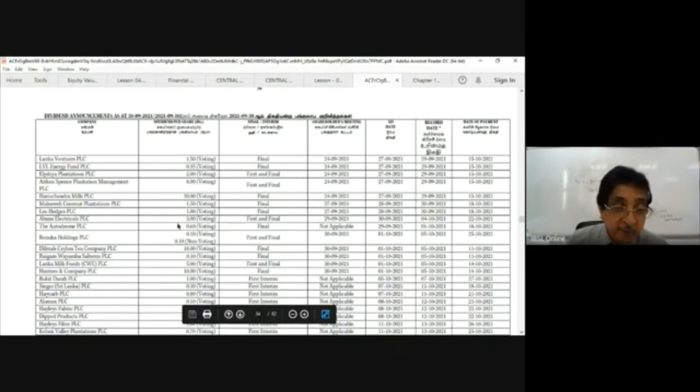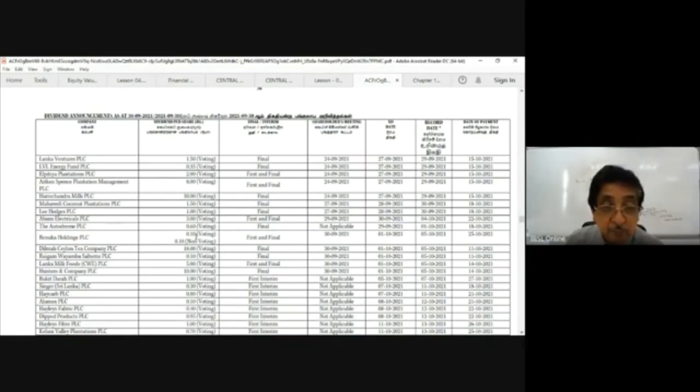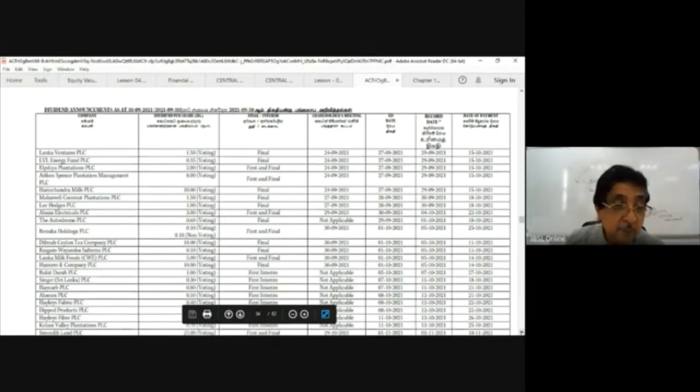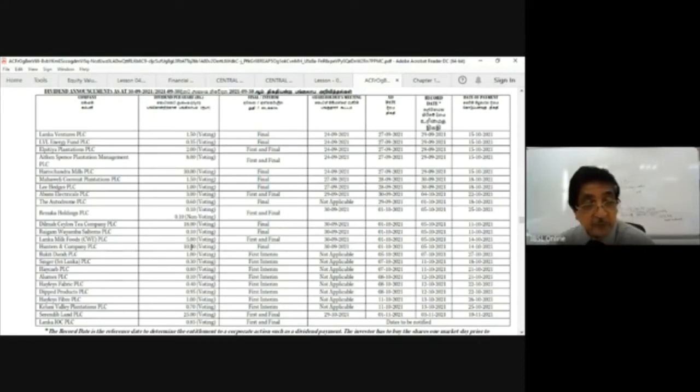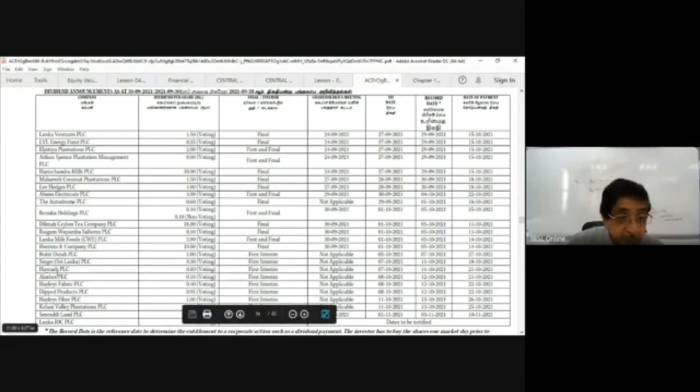Maybe the share value may be higher. Abans Electricals, 3 rupees per share. You can just look at it and see what type of dividends. Dilmah Ceylon, 18 rupee dividends. Lanka Milk Foods, that is 5 rupees dividends. Hunters and Company, 10 rupee dividends. Singer Sri Lanka, 30 cents. ACL Cables, 80 cents.